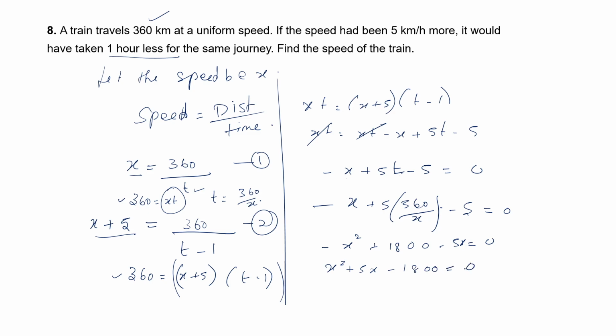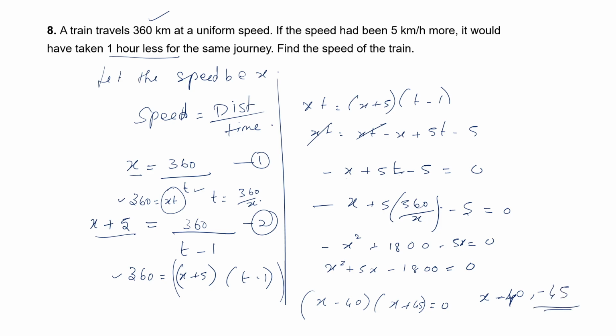Equal to 0. By any of the methods we are getting x minus 40 into x plus 45 equal to 0. So x value will be 40 or x value will be minus 45.